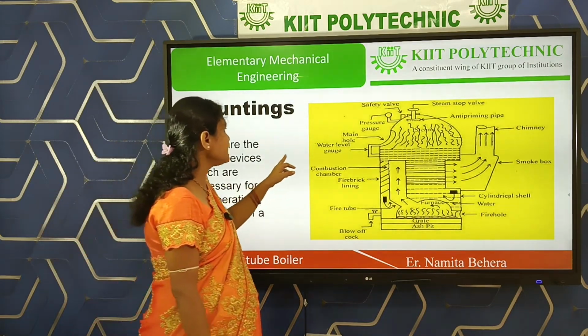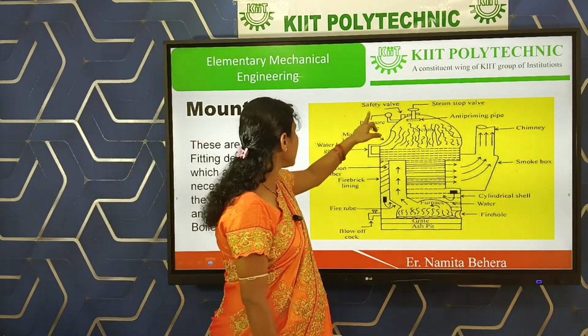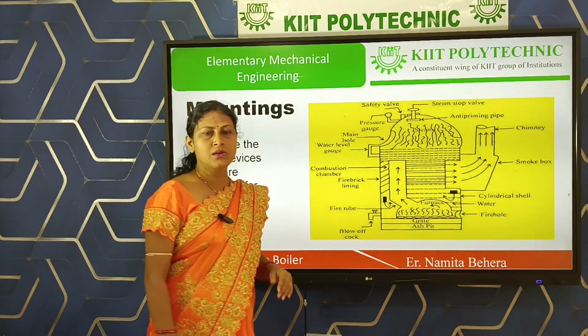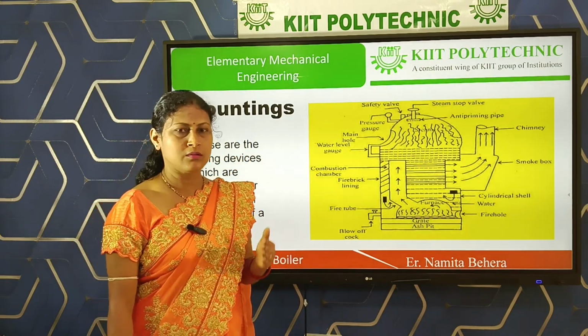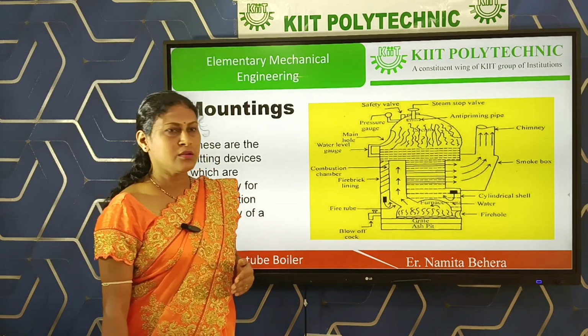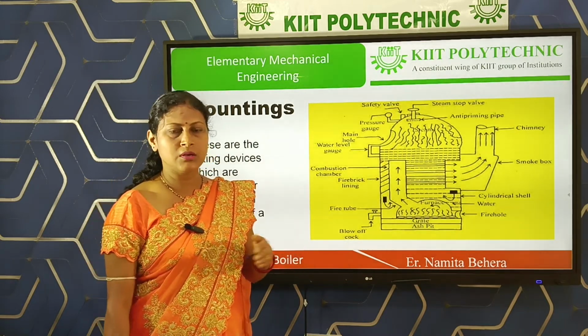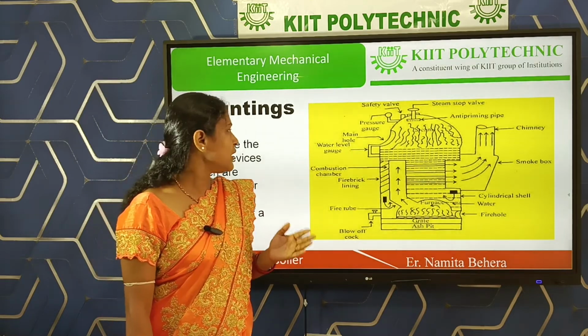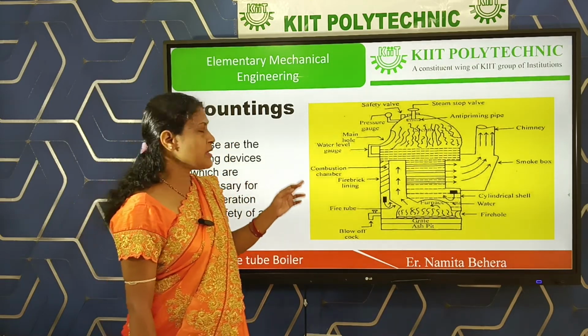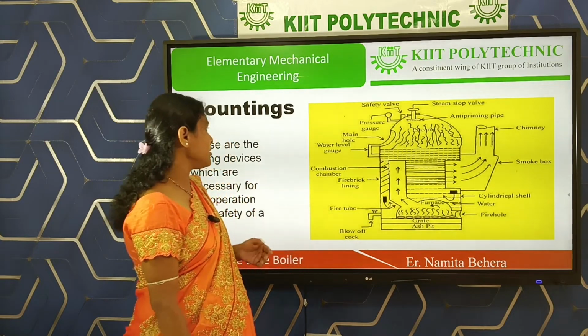The next one is the safety valve. A safety valve is used to save the boiler when any steam is coming out or any firing takes place. So a safety valve is required to save the boiler.